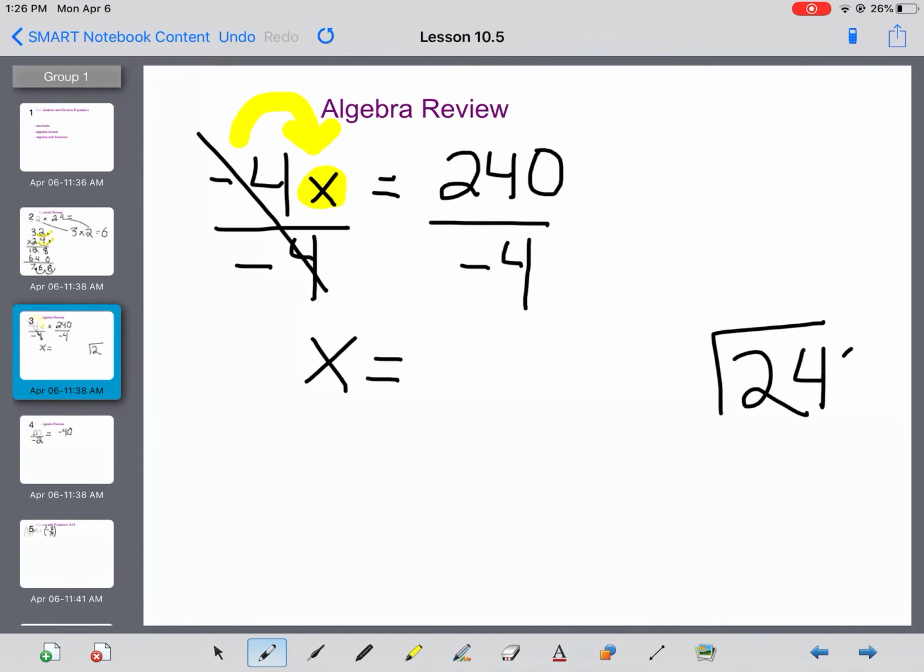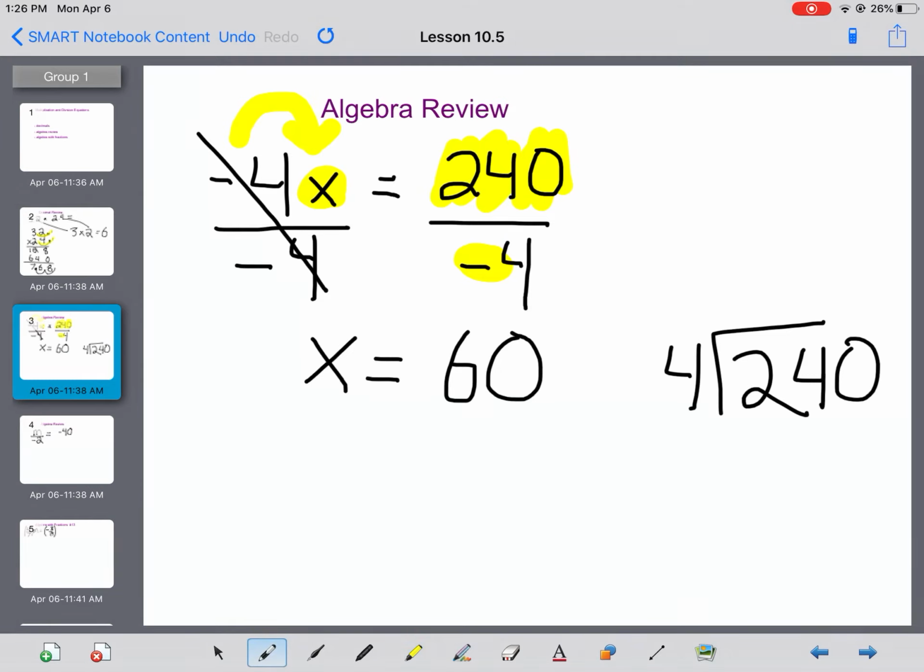If you want, you can do long division over here. If you can't do it in your head, the number on the top goes in the box. But you should be able to, in your mind, cover up the 0 and think, how many times does 4 fit into 24? It fits in 6 times, then we add the 0. Now we think to ourselves, we have a positive number and we have a negative number.